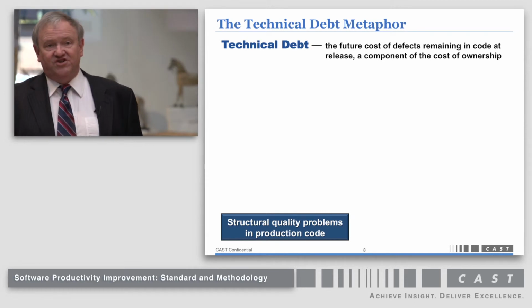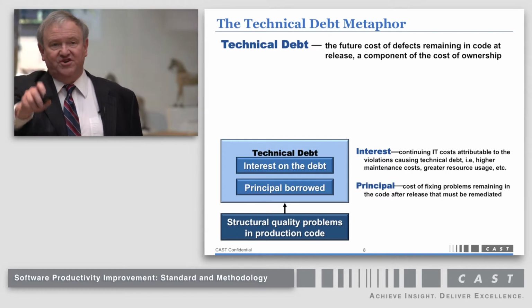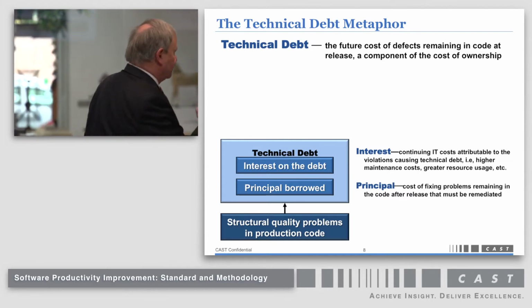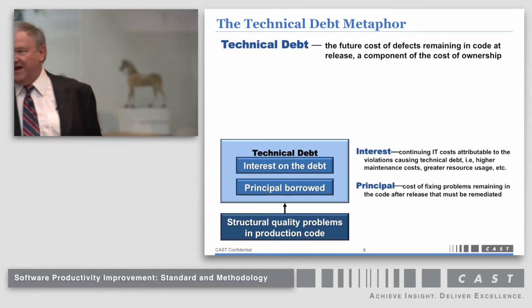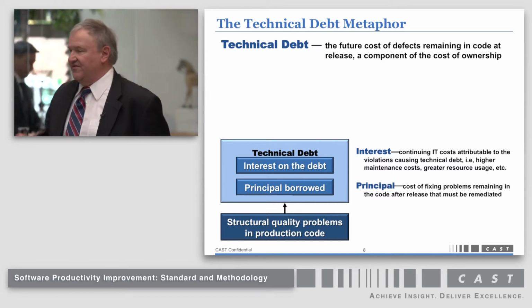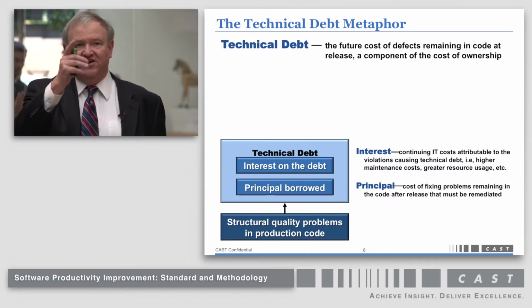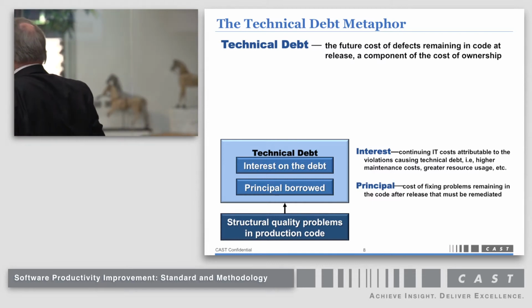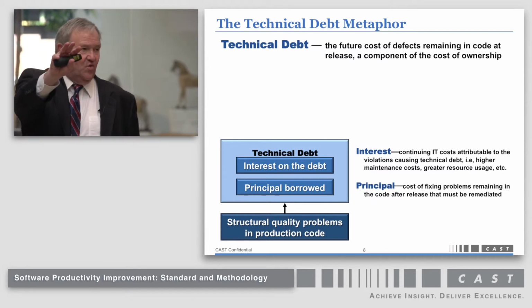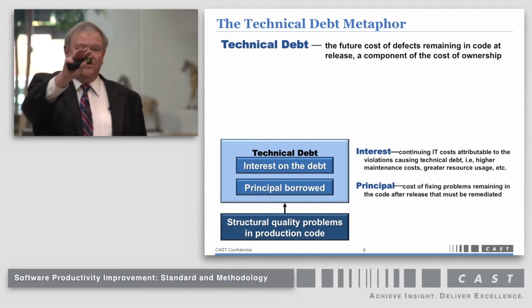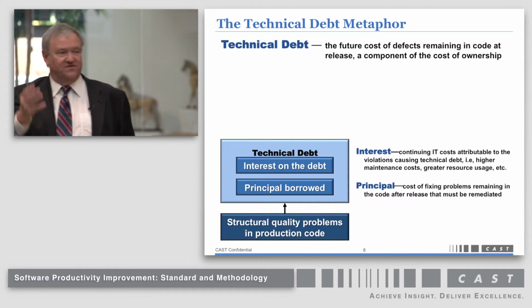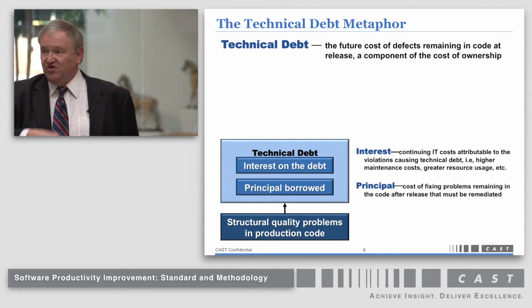So we'll look at structural problems in production code, and there are two notions here. There's the principal, which is the money I'm going to have to spend to fix it. Right? The euros I'm going to have to spend to fix the problem, but until I fix it, there's interest. This works just like it would in the rest of the business. The interest is, if I have a very inefficient piece of software, it's just going to use more resources.